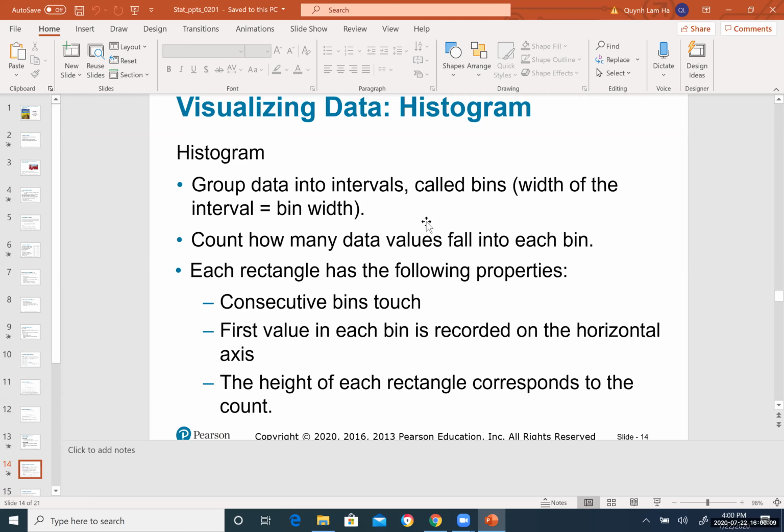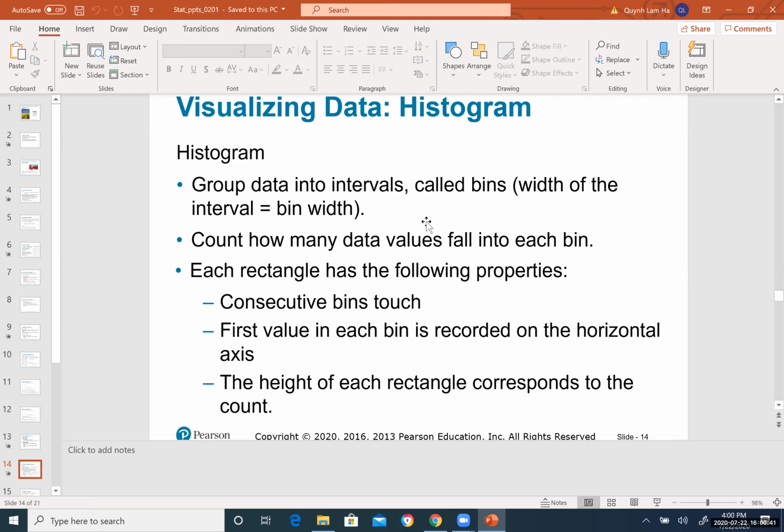But if they have only about 20 data points, if they form a histogram, usually the bin width is about 3 or 4 or 5. But if they have like 1,000 data points, they will group the data with a bin width that is large, very large, like 20, 25, 30, stuff like that. It depends.